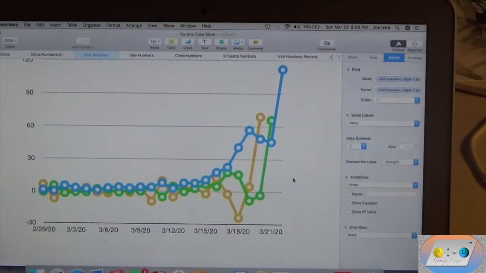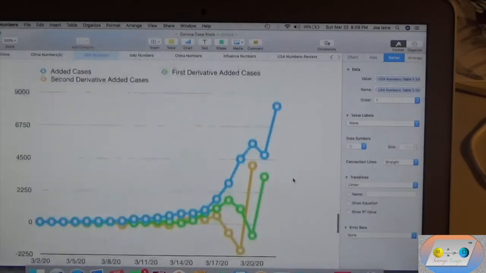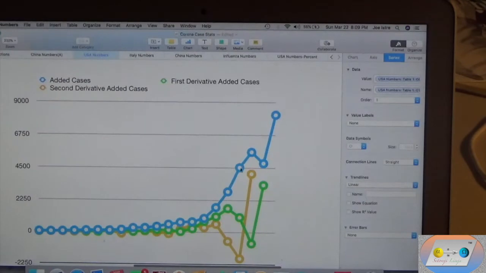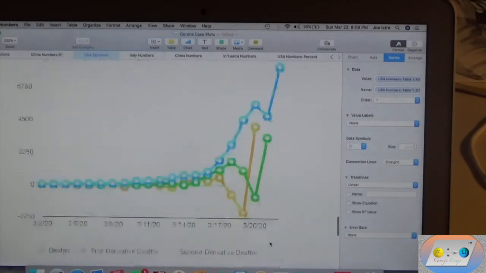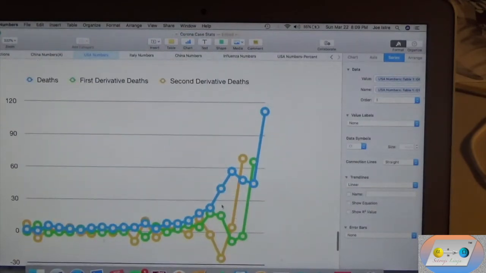Now this, you see a little bit less of a phenomenon. This one right here is a clear phenomenon on the added cases, with all three graphs pretty much definitely inflecting down. This one right here, you see the first derivative definitely inflecting down.